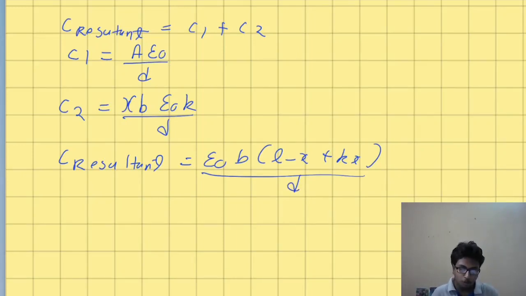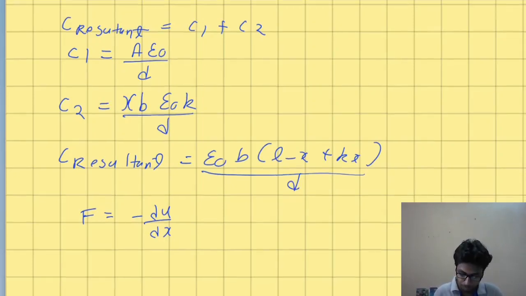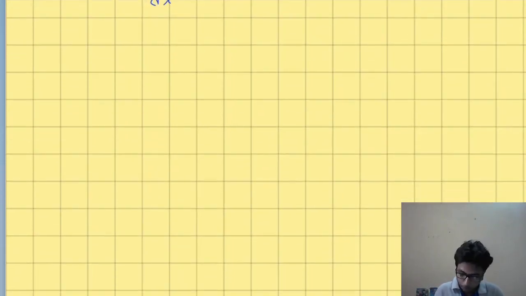Now, as the force is generated due to an electric field which is conservative, we can write the force as F equal to minus dU by dx, as it will be a conservative force generated due to a conservative field. Now U, the potential energy of the combination of capacitors, can be written as half C V square.